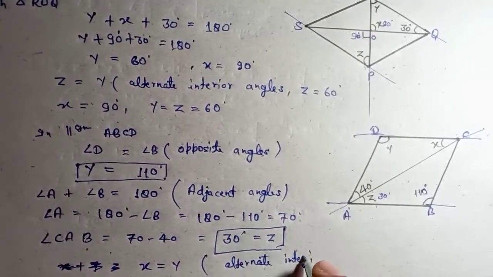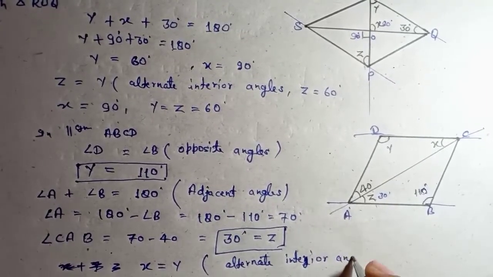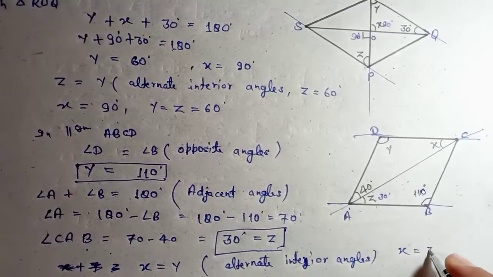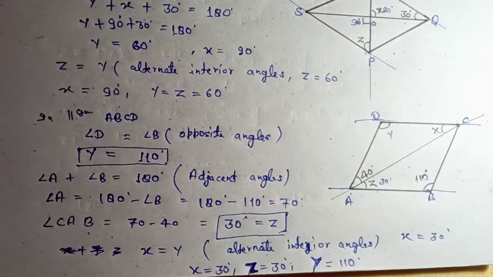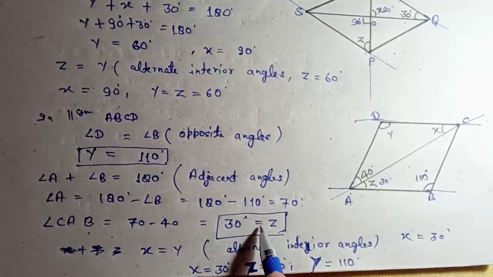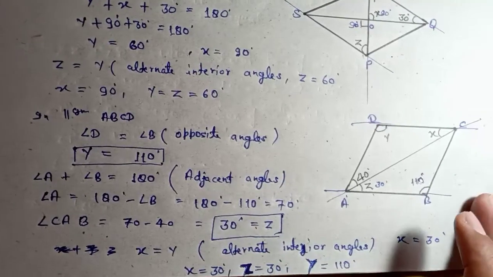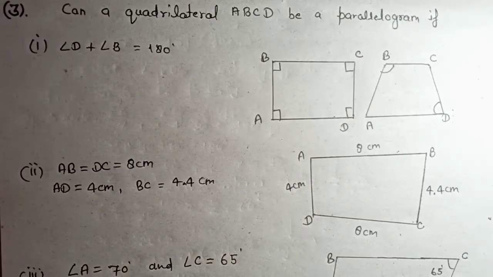So X is equal to 30 degree, Z is equal to 30 degree and Y is equal to 110 degree.